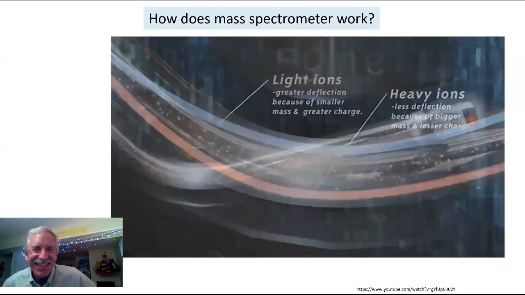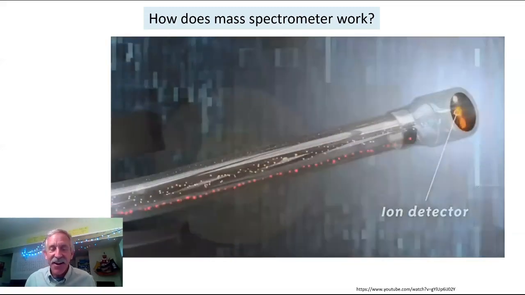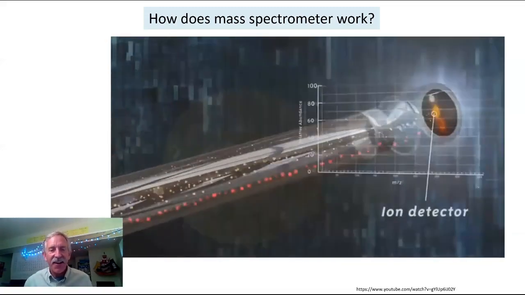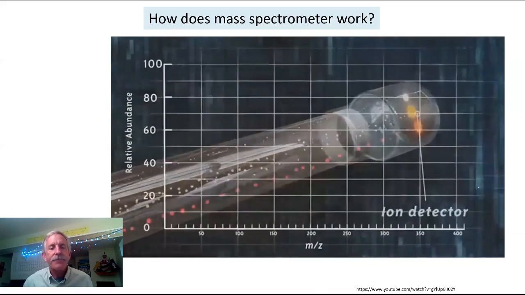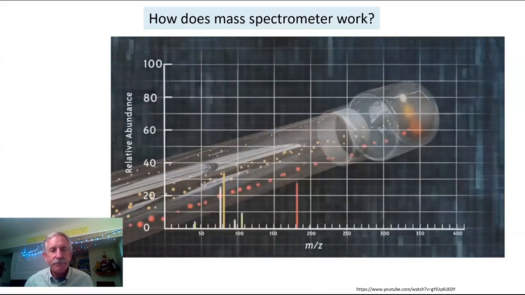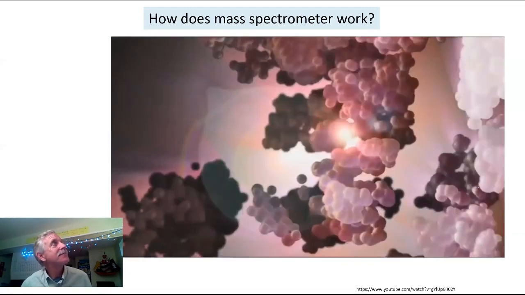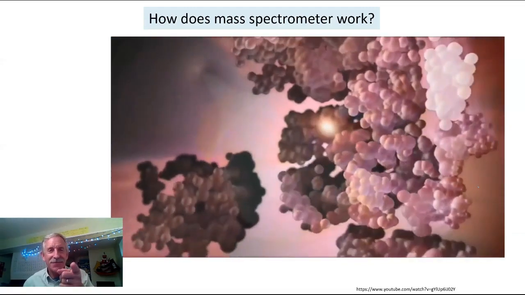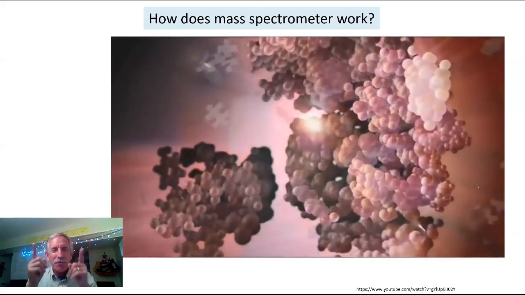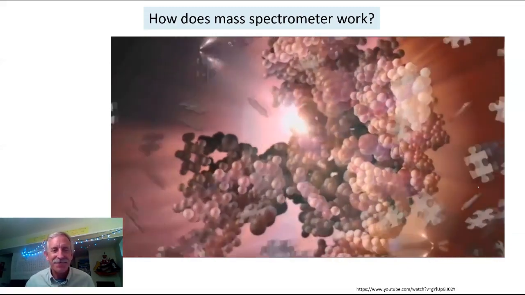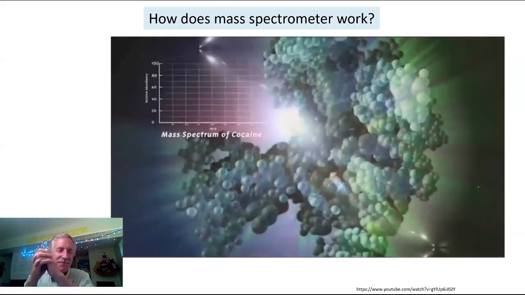An ion detector collects and records the fragments, producing a graph showing the mass-to-charge ratio of each. To analyze the information and deduce the structure of the original molecule, a scientist must work backward, reassembling the fragments on paper. When all goes well, they fit together like puzzle pieces to reveal the composition of the original sample.